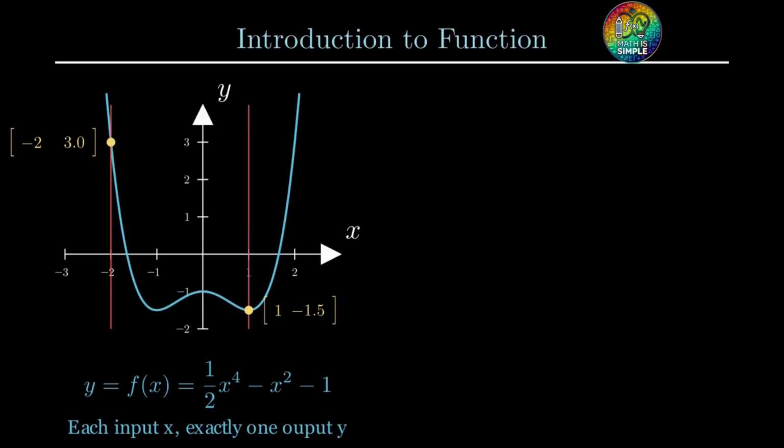Notice that when we draw vertical lines through it, like at x equals negative 2 or x equals 1, each vertical line intersects the blue curve at exactly one point. Because every single input x maps to only one output y, this graph passes the vertical line test and is a valid function.